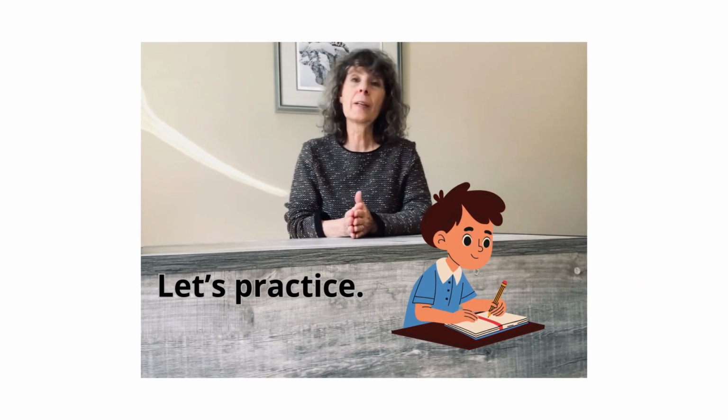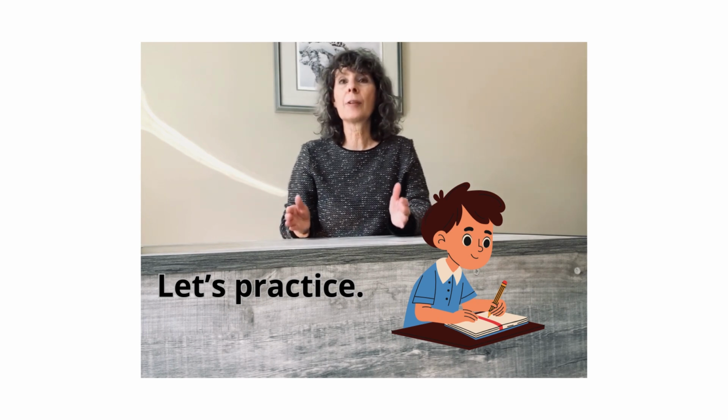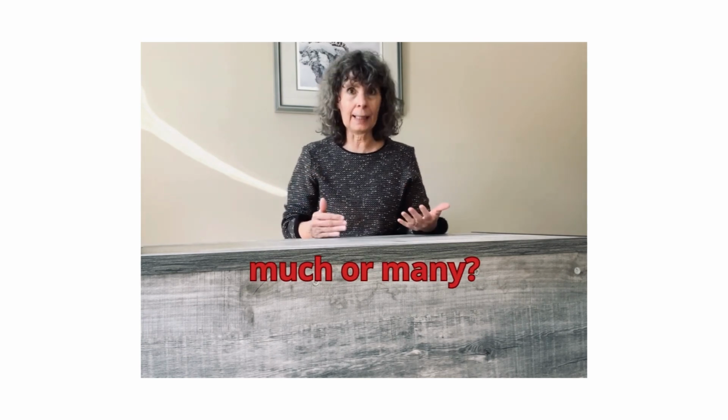So that overall is the rules between much and many. So now we're going to try an exercise to practice. And what we're going to have here is you're going to have a series of sentences with words that have been omitted, that are not in the sentence. And these words are essentially much or many.